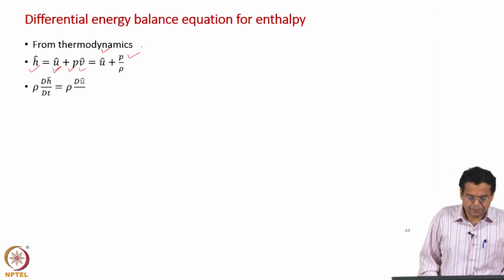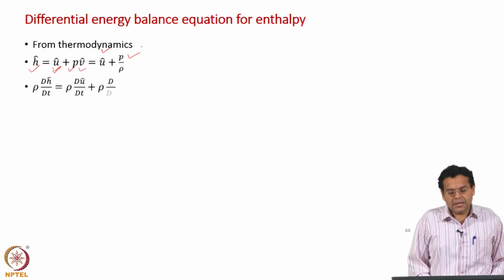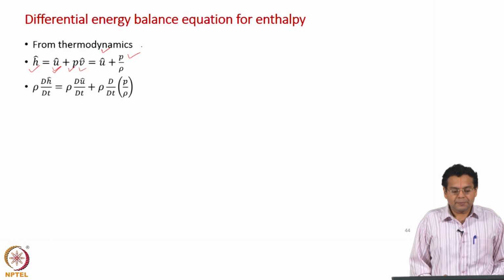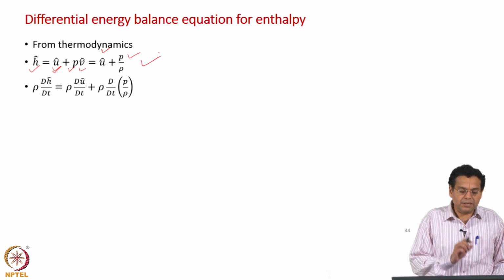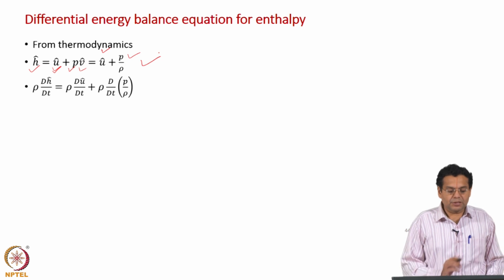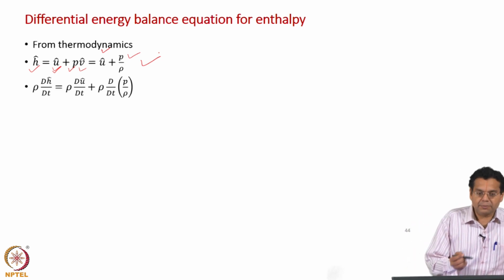Okay. What we will do is express this relationship in terms of substantial derivative, or saying it the other way, we take the substantial derivative of this equation both on the left hand side and the right hand side, that is what we have done here, and of course multiply by density.